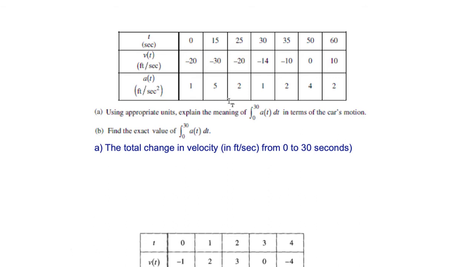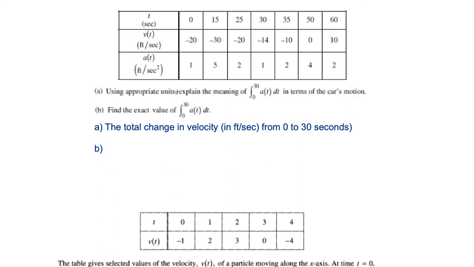And then for B down here, we need to find the exact value of that. So I'm going to derive it again. I know that you're already probably thinking, oh, that's pretty easy. It's just do position 1 minus position the other one. Okay, so I'm really doing the integral from 0 to 30 of acceleration with respect to t, so dt.